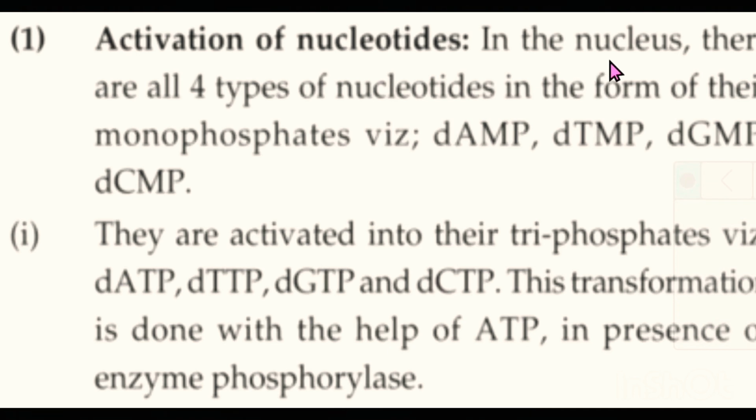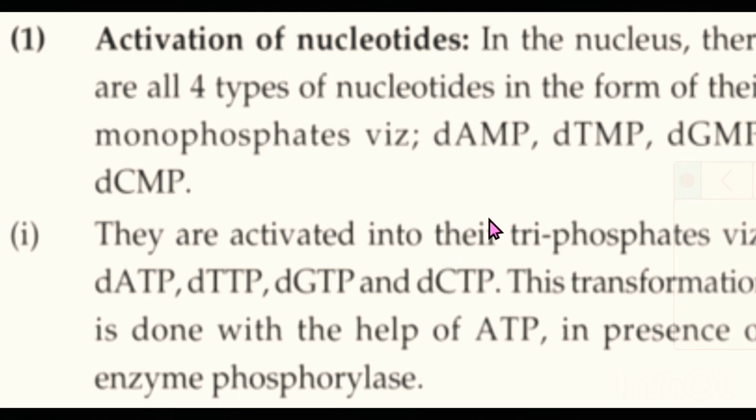In the nucleus, there are 4 types of nucleotides in the form of their monophosphates, that is DAMP, DTMP, DGMP and DCMP, and they are activated into their triphosphates via DATP, DTTP, DGTP and DCTP. This transformation is done with the help of ATP in the presence of enzyme phosphorylase.